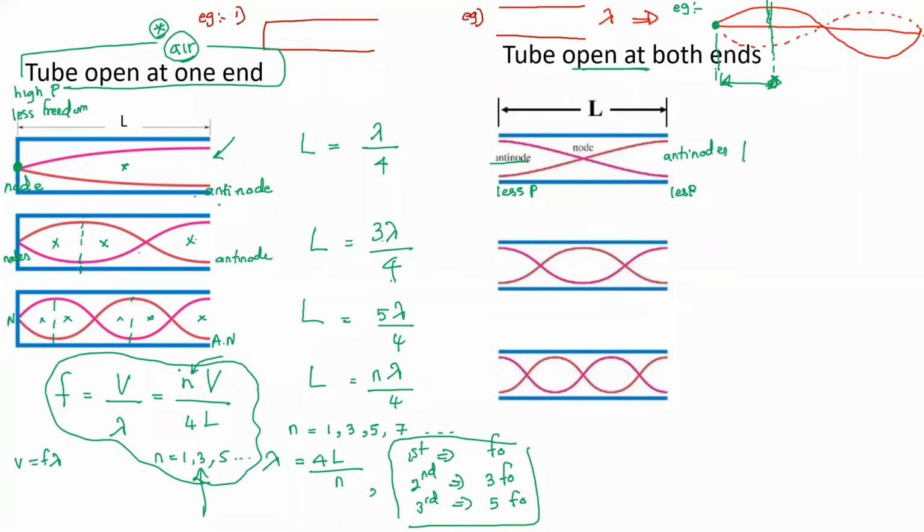So let's do what we did in the previous example here. Compare your waveform with this lambda reference diagram and tell me how many lambdas are here. L is equal to what?